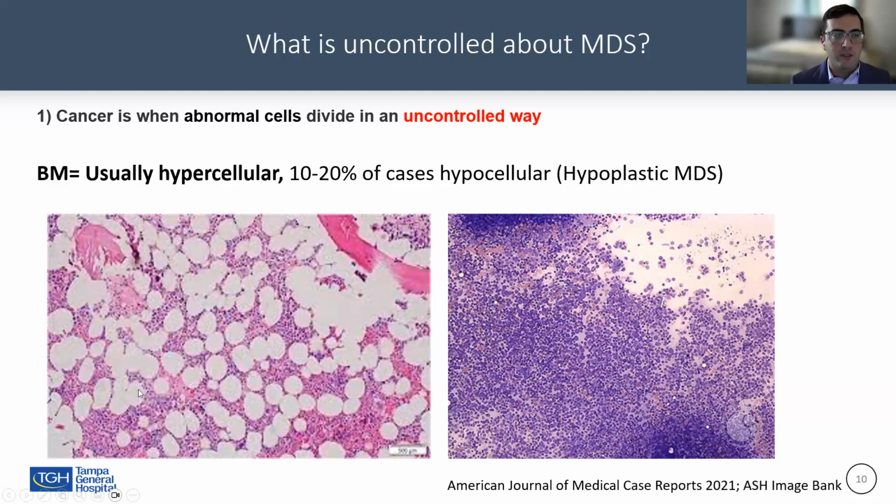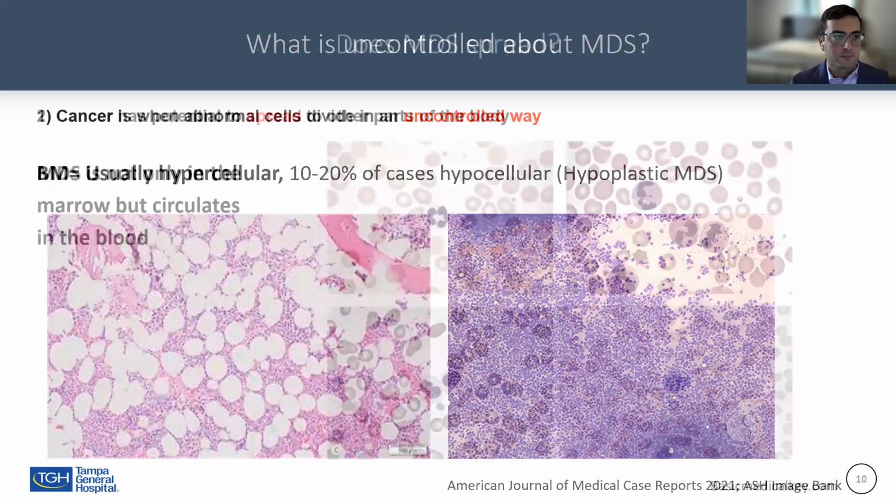This is a normal distribution of fat to cell ratio compared to the MDS bone marrow on the right, which shows an extremely hypercellular packed marrow that has an uncontrolled amount of dysplastic cells. We rarely do see some patients that have low numbers of cells, but they are very dysfunctional cells nonetheless.